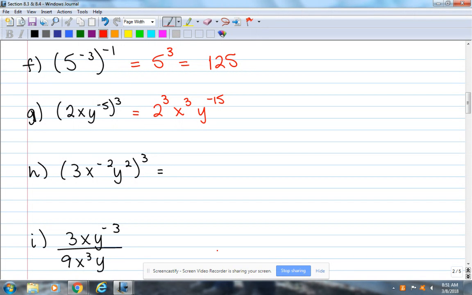First thing I can fix is 2 to the third power. What is 2 to the third power? 8. And what do I do with my negative exponent? Put it on the bottom. So x to the third stays on top, and a y to the 15th goes to the bottom. And do I have anything else I can simplify? No. No like bases, no more numbers. I'm done. Does that make sense to everybody? We only move the one with the negative exponent.